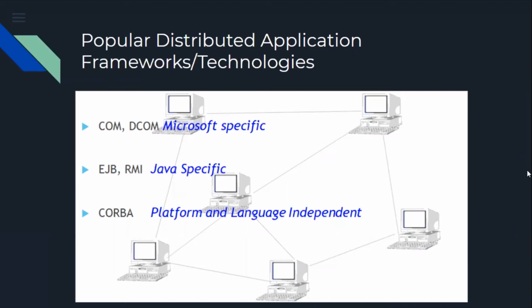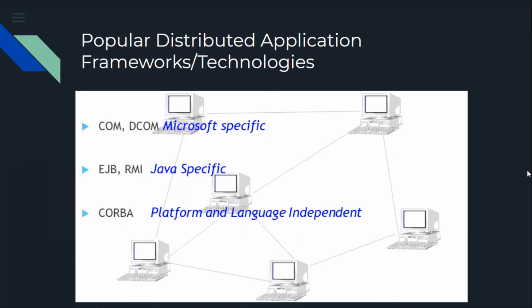So all those COM, DCOM, Java-specific systems, and platform and language dependent systems were there. This was the kind of architecture that previous distributed frameworks or systems handled, where one system is interacting in a wired way with various other systems.